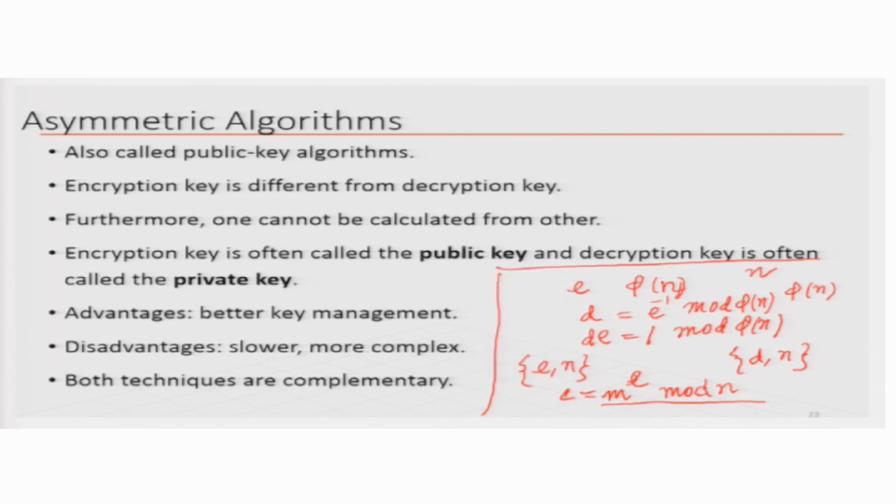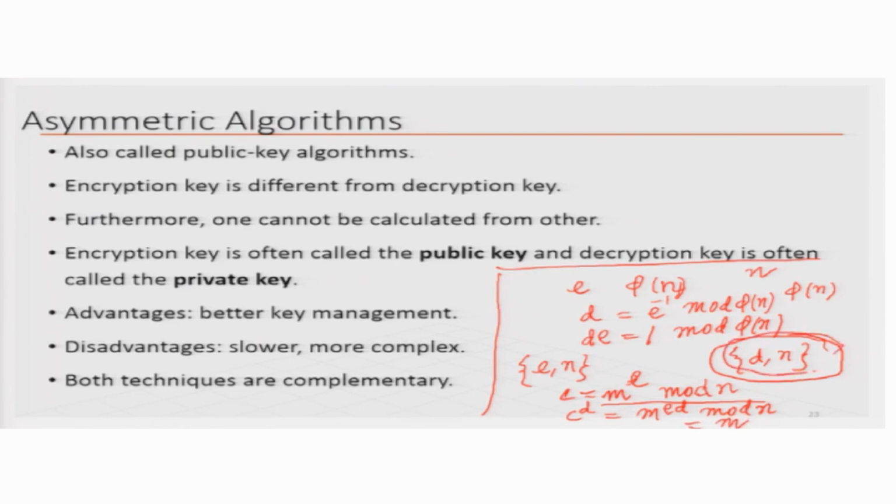When the message goes to the other side, the one who possesses the private key computes c to the d, which becomes m to the power e d mod n. Since e d is 1 modulo phi n, this becomes m.